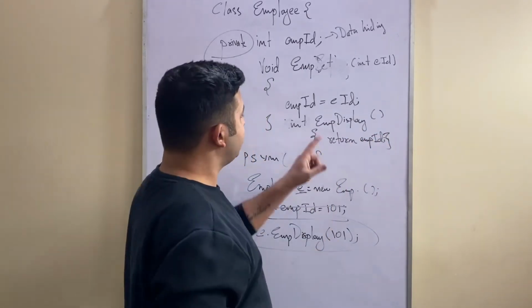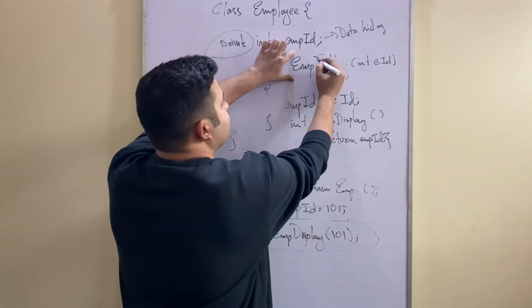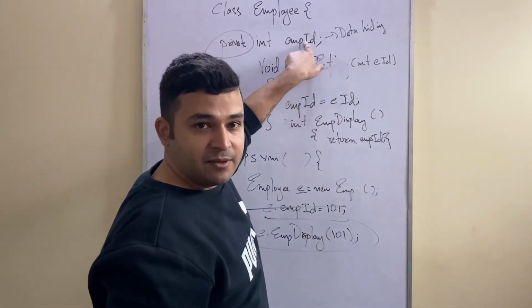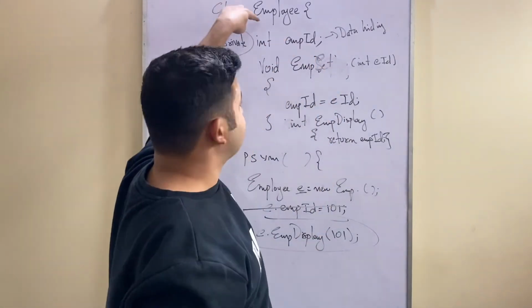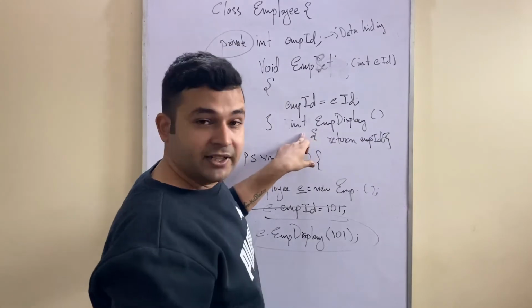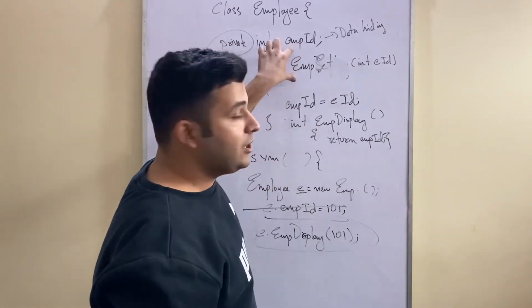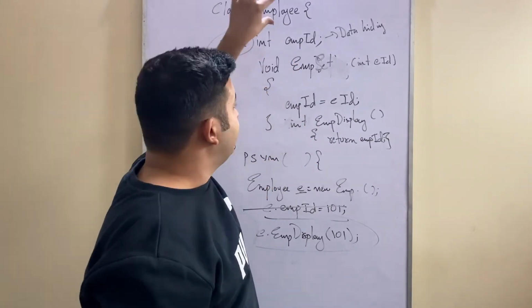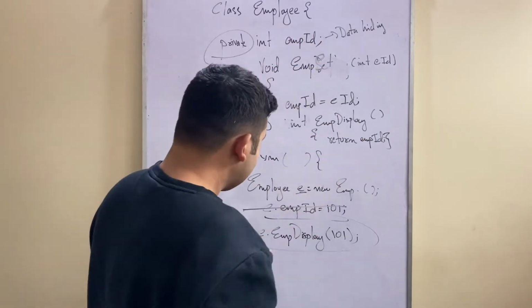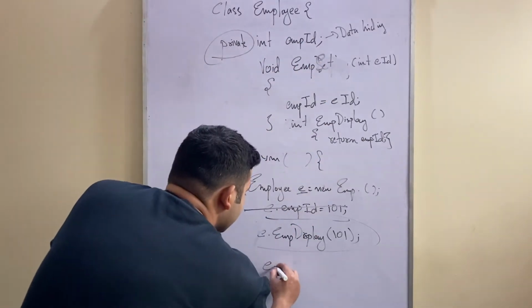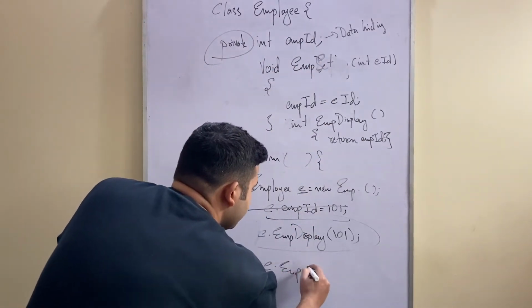So this method I can use to modify this variable, which is private to this class, and this particular method I can use to display the value of that modified variable, whatever its value is right now, in my main method dot emp.